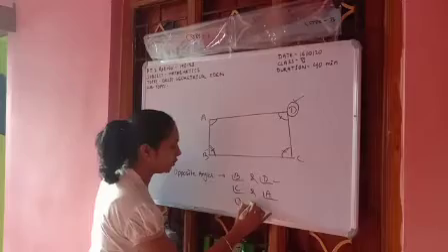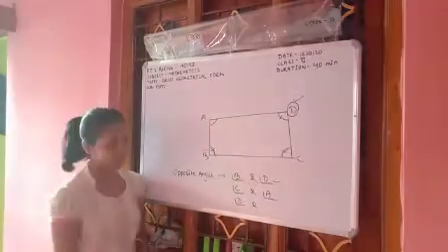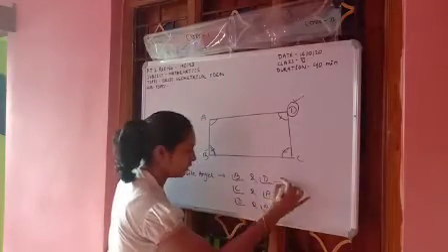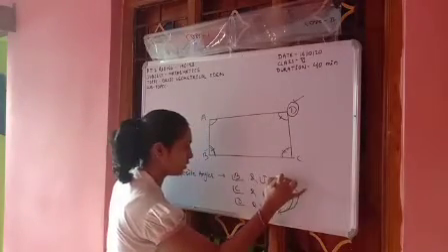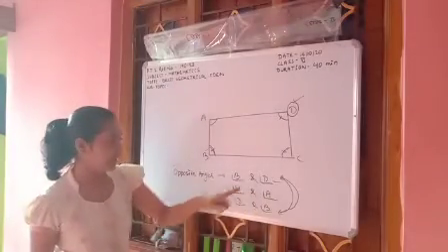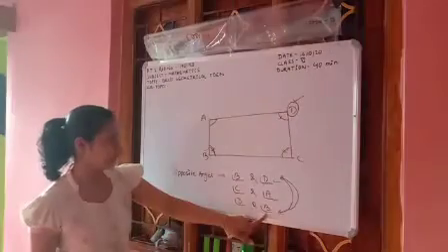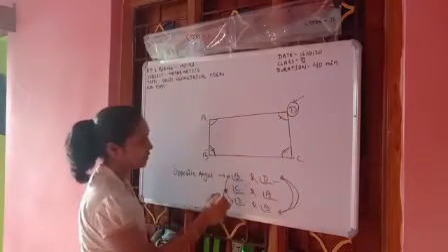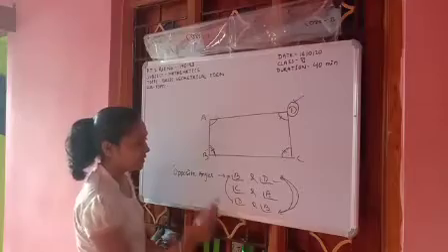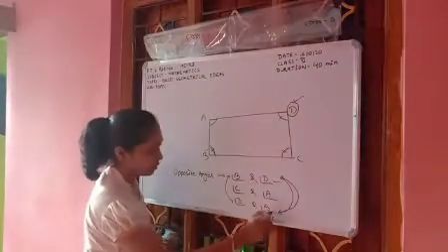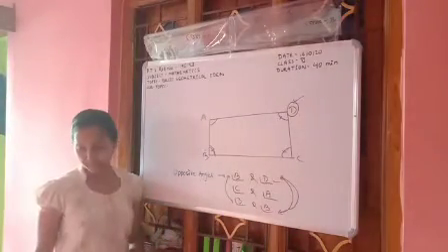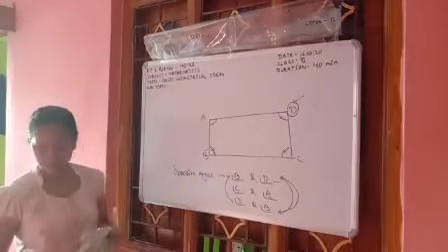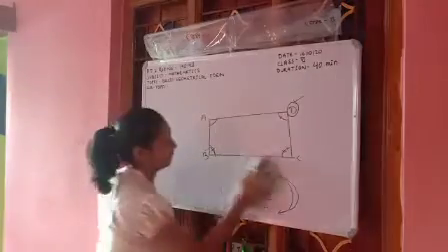Then the opposite angle of D. Angle B. Look at here, these two: angle B and D. That means B is opposite to D, same as angle D is opposite to angle B. All clear? No doubt? Okay.